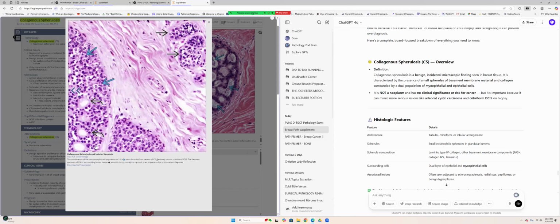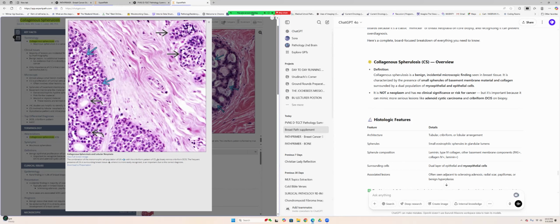Collagenous spherulosis and lobular neoplasia. The combination of the monomorphic cell population of lobular neoplasia with a cribriform pattern of collagenous spherulosis closely mimics cribriform DCIS.